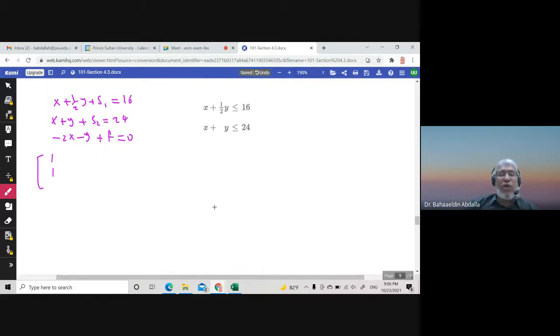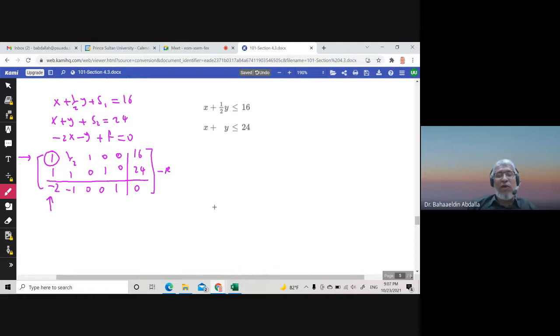So 1, 1, negative 2, half, 1, and negative 1 are coefficients of y, s1, s2, and f, and the right hand side. This is the initial matrix. Let us determine the pivot entry. The most negative is this one. 16 divided by 1 is 16. 24 divided by 1 is 24. 16 is the smallest. So this is the pivot entry. Use it to make 1 and negative 2 zeros.